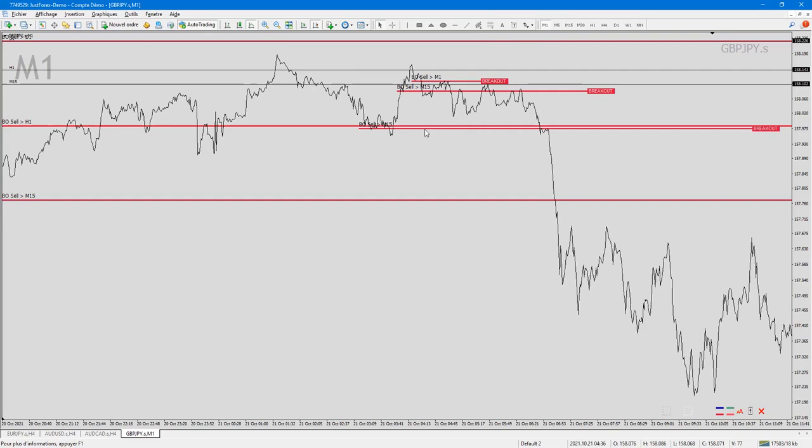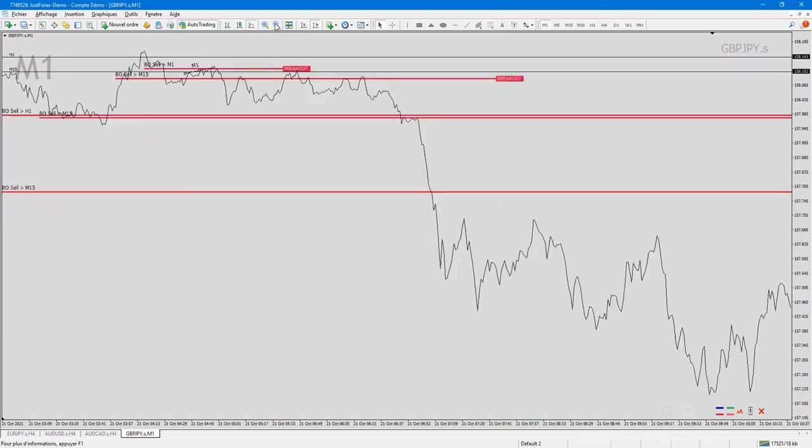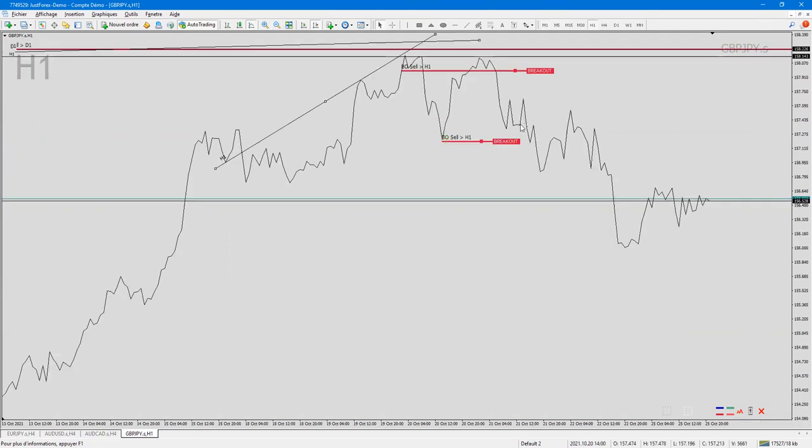There's so much noise on M1, but I think this one is valid. So just ignore the noise. As price broke this level again, it made another breakout sell and another breakout sell here again.